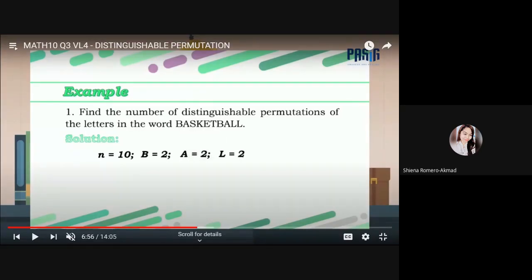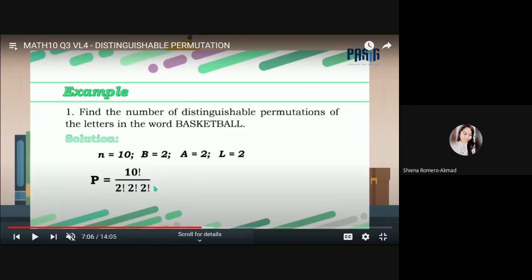Yung letter A, naulit siya ng 2. Yung letter L, 2. Then the rest, puro isa na lang. So if we use the formula, we'll have permutation is equal to 10 factorial divided by 2 factorial times 2 factorial times 2 factorial. Remember that the operation here is multiplication.